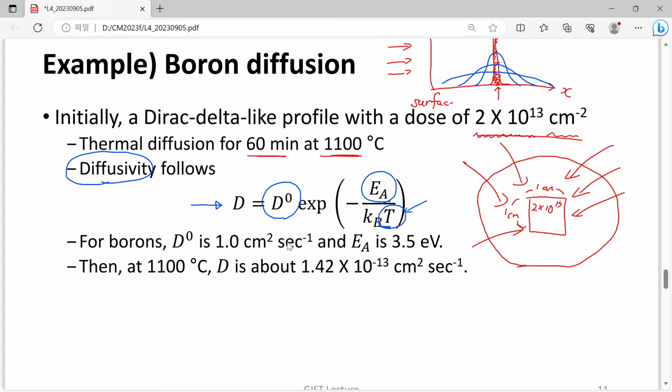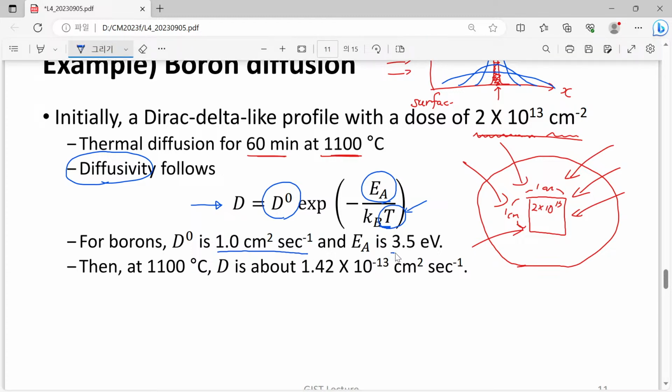Now for boron, for this specific species, we have given values already known. Then if we calculate at 1100 Celsius, the diffusivity is about this number, on the order of 10 to the minus 13 square centimeter per second.